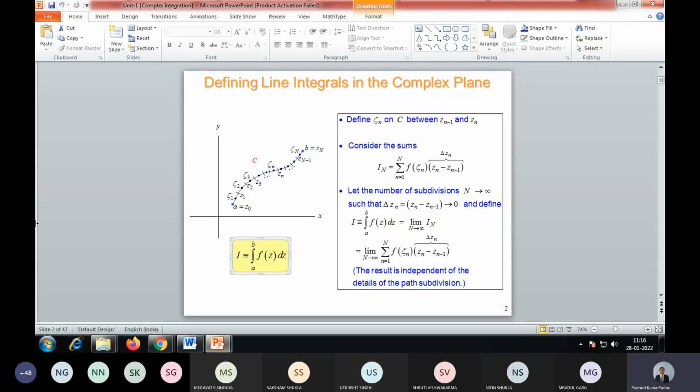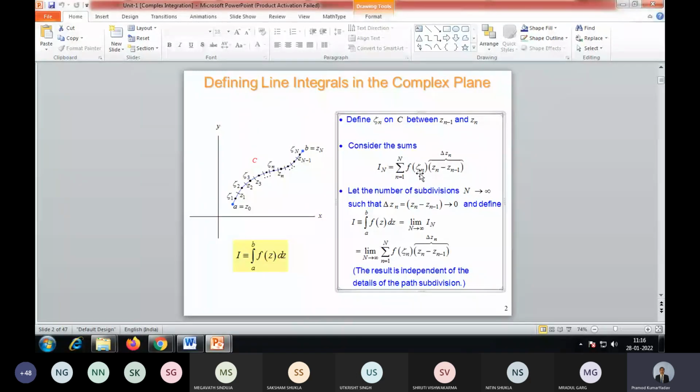So define points Jn on C between Jn minus 1 and Jn. Then we consider the sum of f(Jn) times (Jn minus Jn minus 1), that is delta Jn, where n varies from 1 to capital N. With this we can find the value of I, but it has only a finite number of points of the interval.